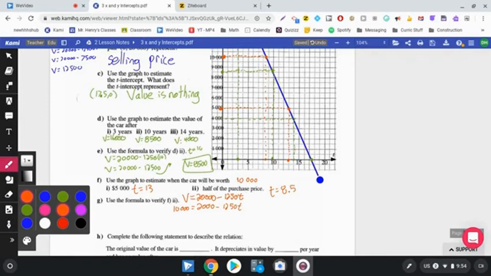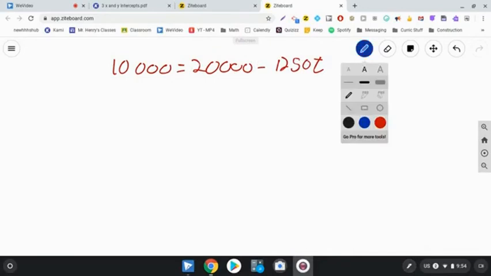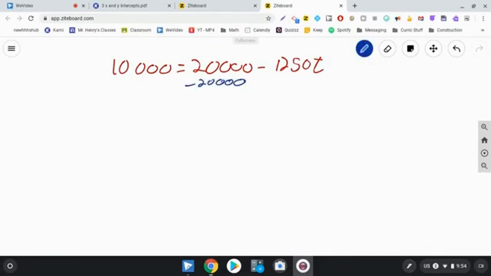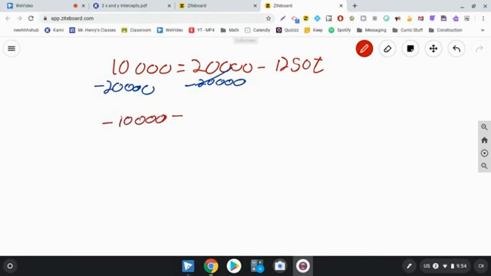Okay, I actually have to do some algebra. So I'm going to put this in a new tab so that I have more space. Sometimes the workbook just isn't enough. Okay, minus 1250t. So I've got multiplying by negative 1250, and I've got this addition of 20,000. The way to get rid of add 20,000 would be to subtract 20,000. And what I do to one side, I do to the other. So I get negative 10,000 equals negative 1250t.